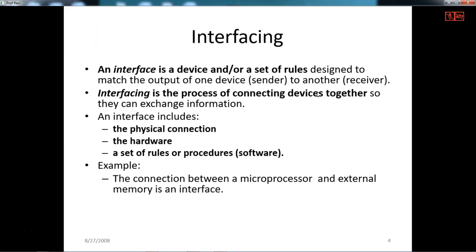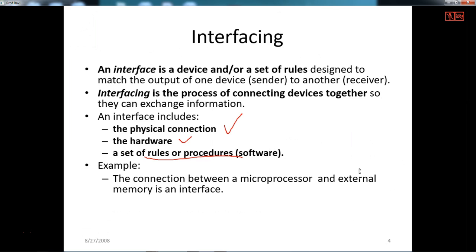You need to know which RAM IC is available and which 8086 is available, then which pin of the microprocessor will connect to which pin of the memory. So an interface includes a physical connection and the hardware details, because if you want to do a pin to pin connection, then you have to know the hardware, and for that you have to follow a set of rules or procedures.